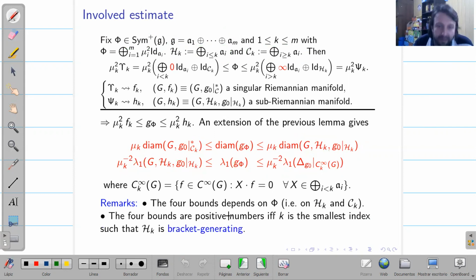And something else is that it may be the case that this bound is useless, because this might be infinity.